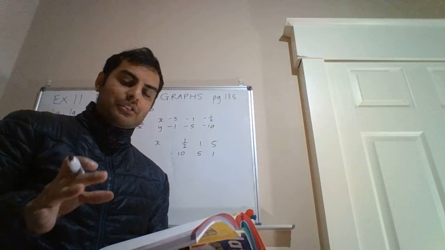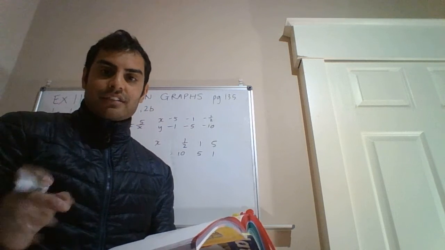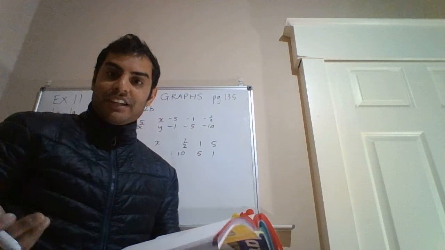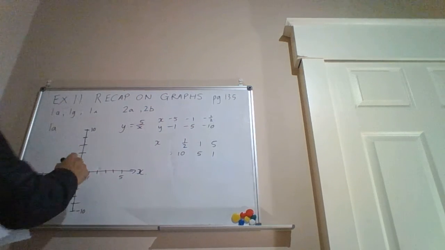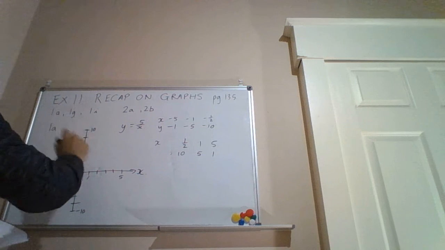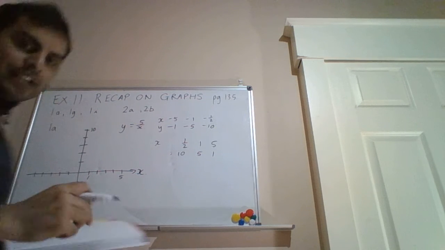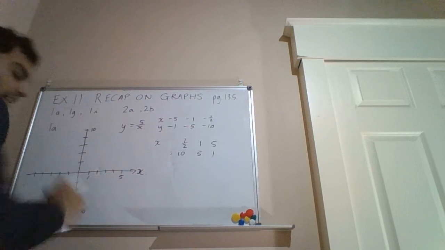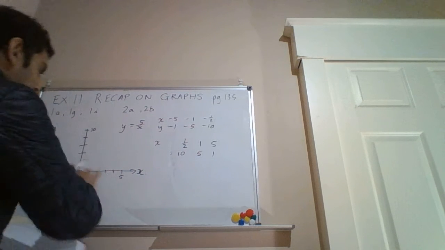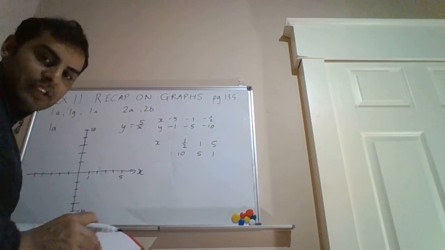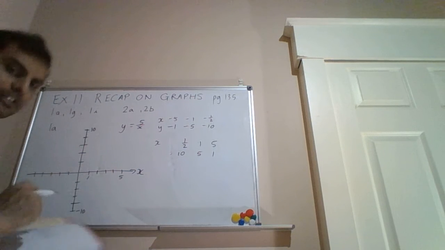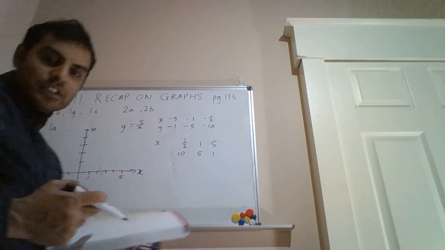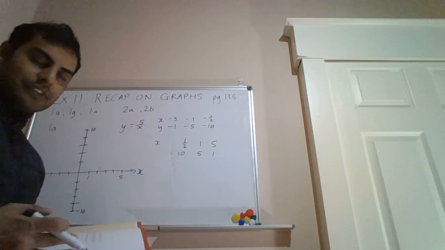If you want to have different interval lengths on different axes, that's perfectly okay, as long as you specify it. Here it's specified because there are 5 intervals and it goes up to 10, so we know the length of each interval is 2, and over here we know the length of each interval is 1. There are 5 notches for 5. That's the hardest part of really drawing these graphs.